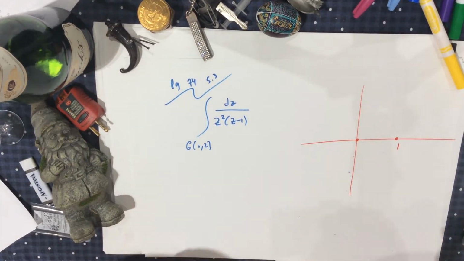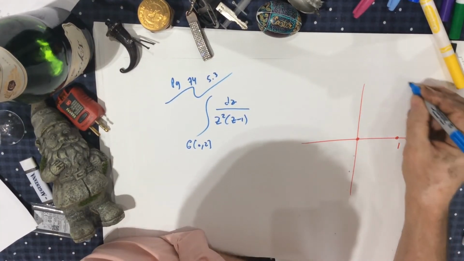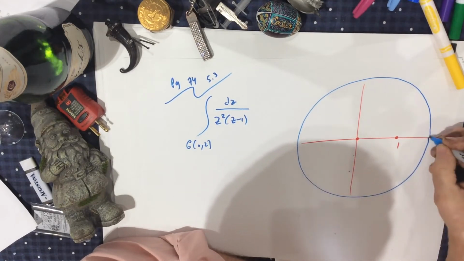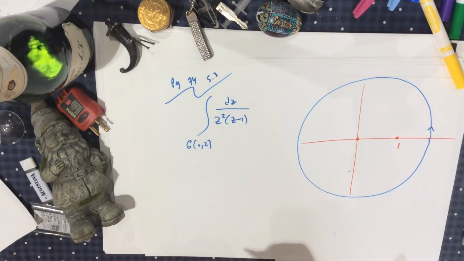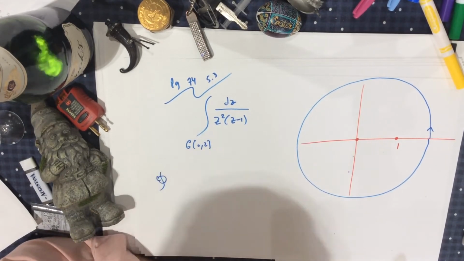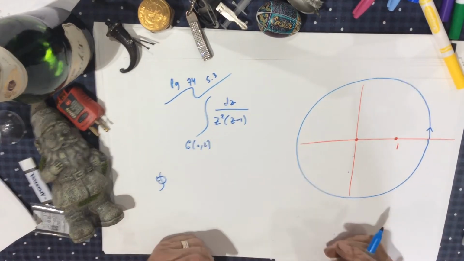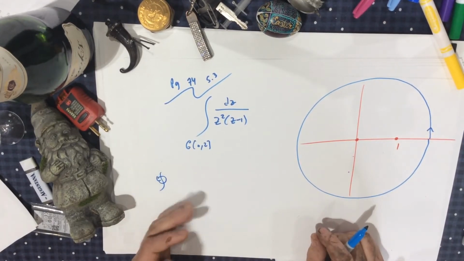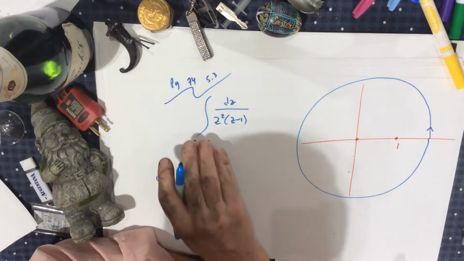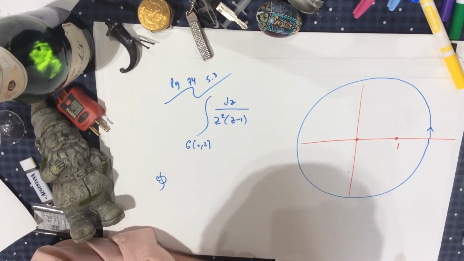And we observe that our gamma is right here. And we're always assuming counterclockwise. We're going to start writing this notation for going around a circle. So going counterclockwise around some circle of appropriate size. That's what this integral can be rewritten as. Without this, it's assumed to be nice.